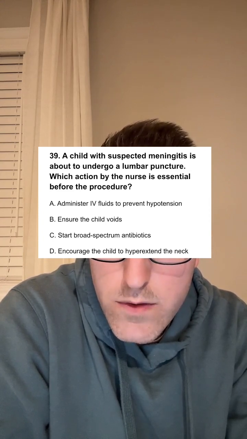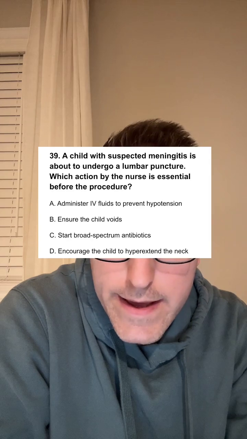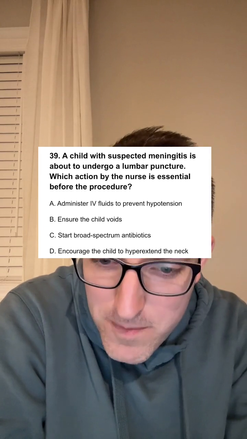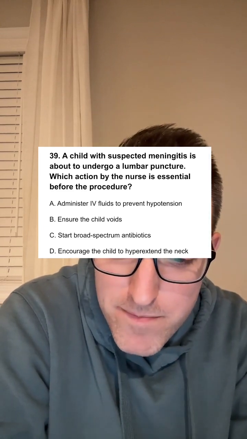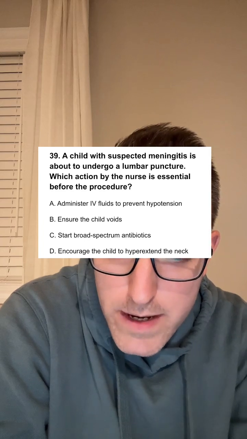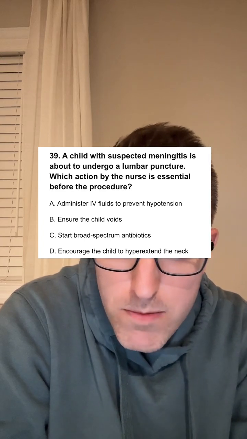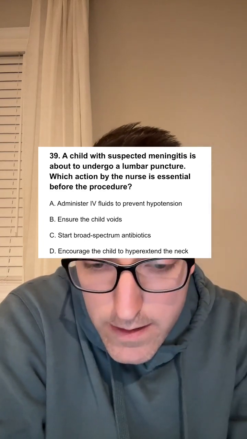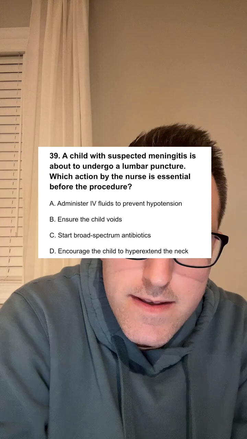The majority of you are saying B, and that's wrong. The answer here is going to be C: start broad spectrum antibiotics. B is helpful, but not urgent.